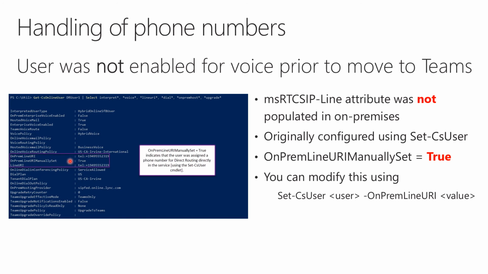This means that I manually set this in the service. It wasn't set in on-prem and synced to the service. That's an important distinction because when OnPremLineURIManuallySet is true, I can modify it the same way that I set it. I can use Set-CsUser, the user's ID, -OnPremLineURI, and I can put in the new value. And I won't get that same error message that you saw on the previous slide telling me that there was a value being synced from the on-premises world.